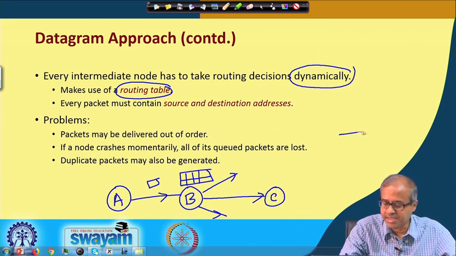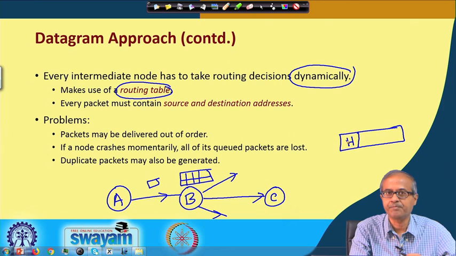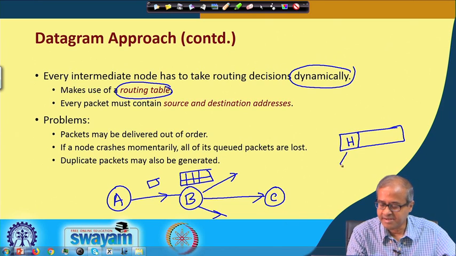To take this decision, what is required is that each packet contains a header. In this header, there must be a source address and also a destination address.